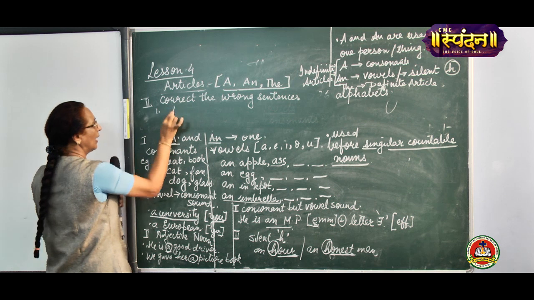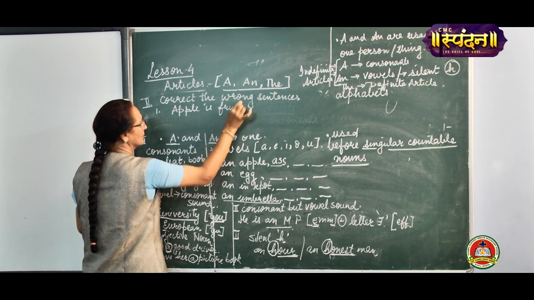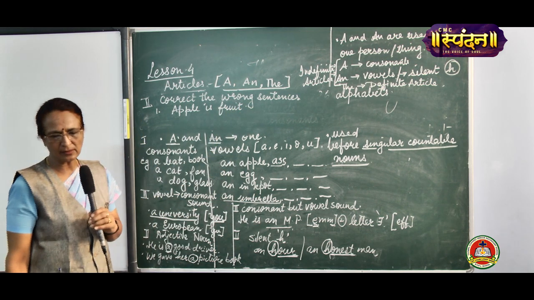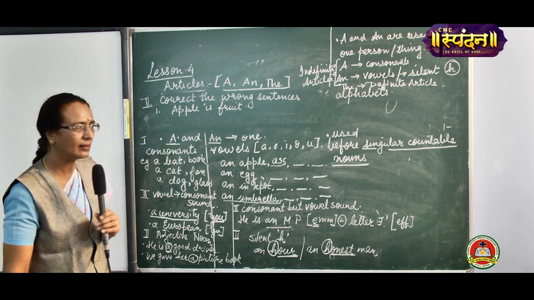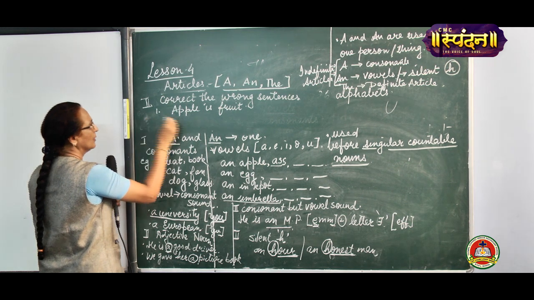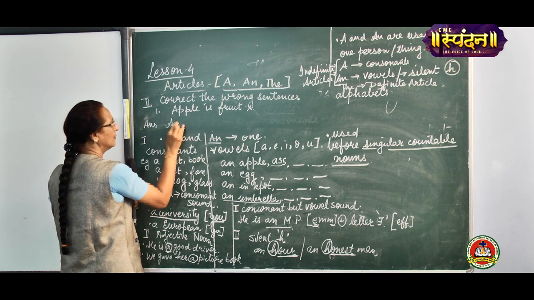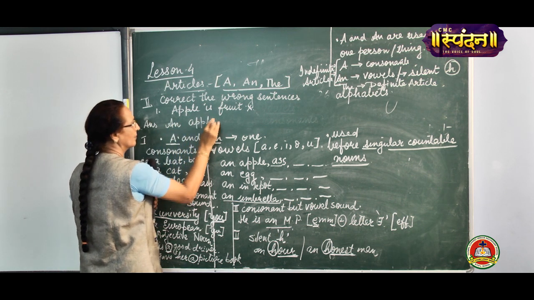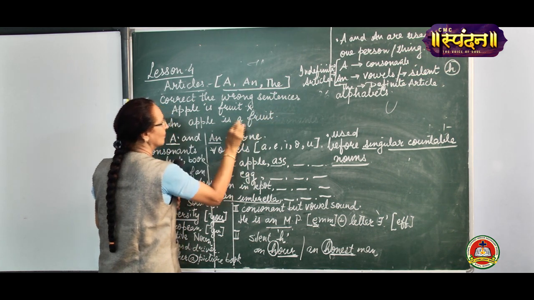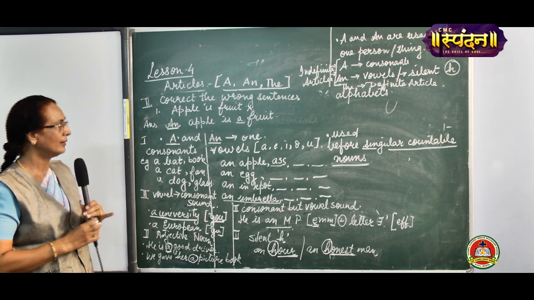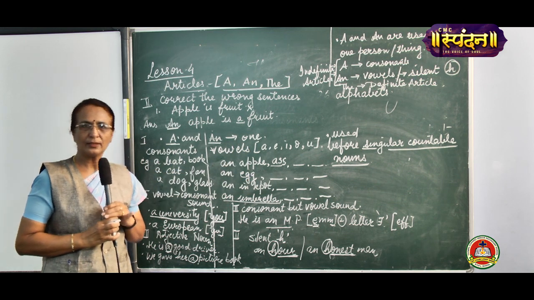If I say, "Apple is fruit," is the sentence okay? No, this sentence is not okay. So how will you write? "An apple is a fruit." You have to insert "an" and "a": An apple is a fruit. Is that clear to all of you, children?